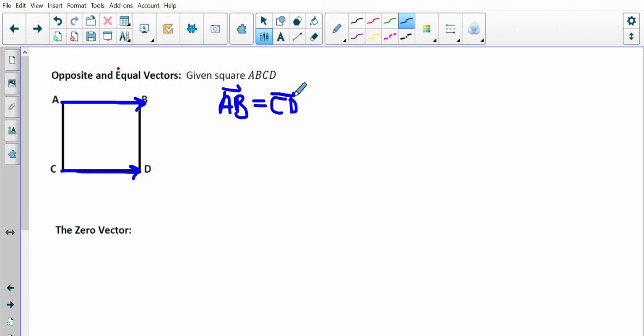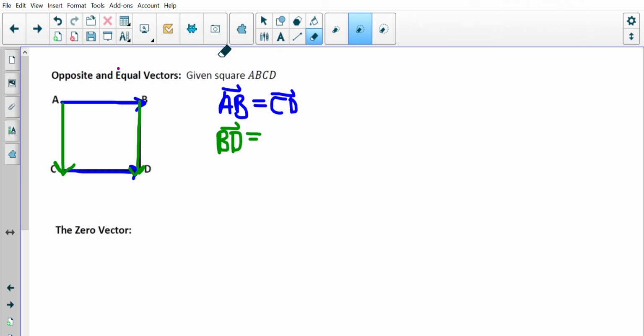Just like I could also say, for example, BD, which starts at B down to D, is equal to AC. Whoops. A to C, not C to A. We'll get to that. So A to C.